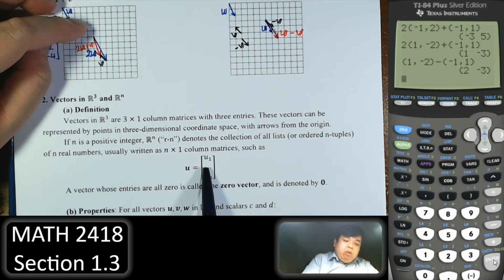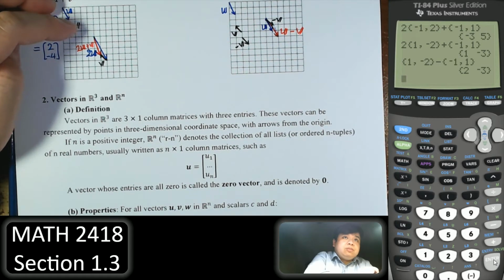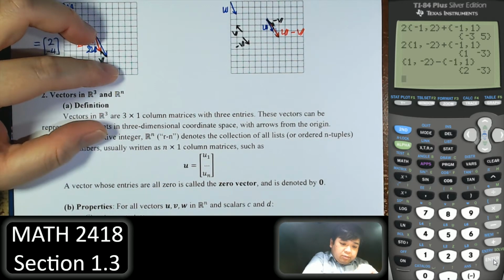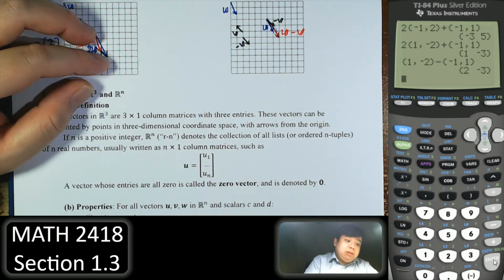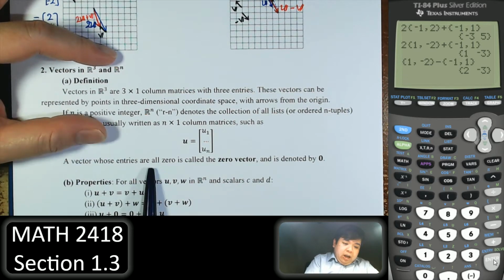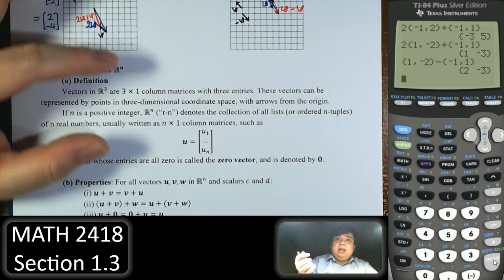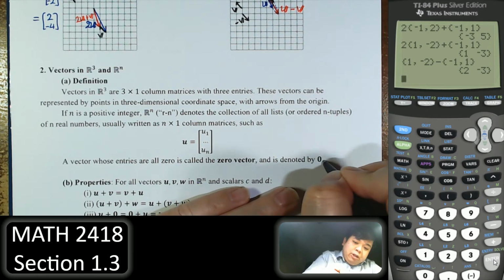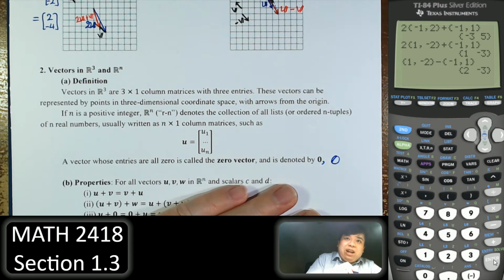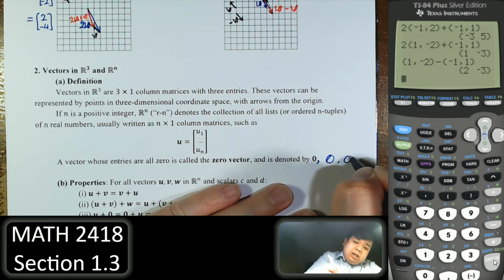And we write a vector in Rn. It's just a column of n components. Each component is a real number. A vector whose entries are all 0 is called a 0 vector, denoted by a bold face 0. If you write this by hand, we cannot write it like that, so we write this as the 0 vector.